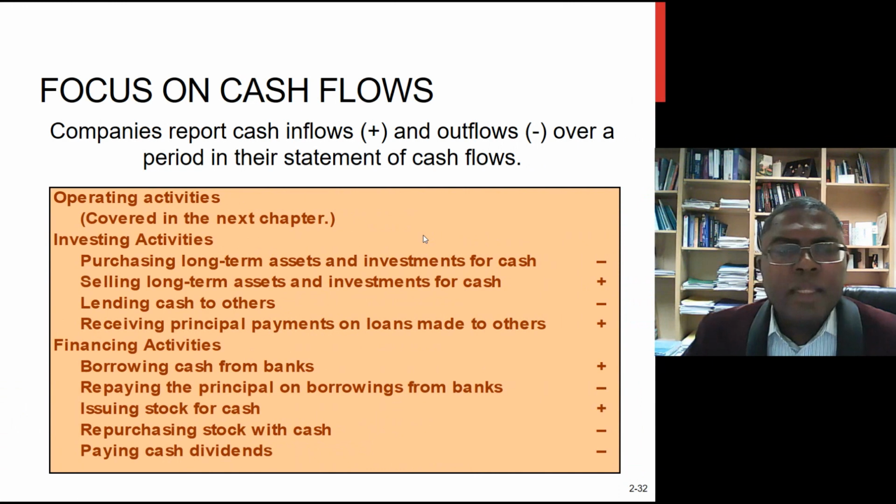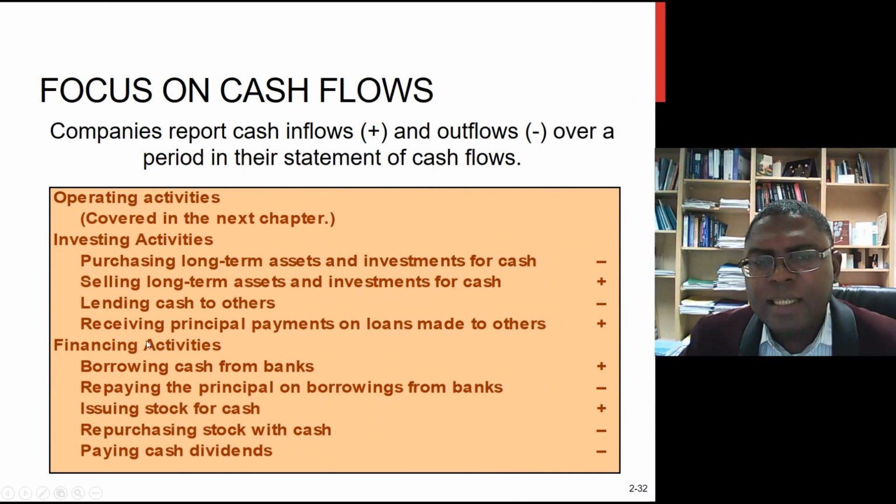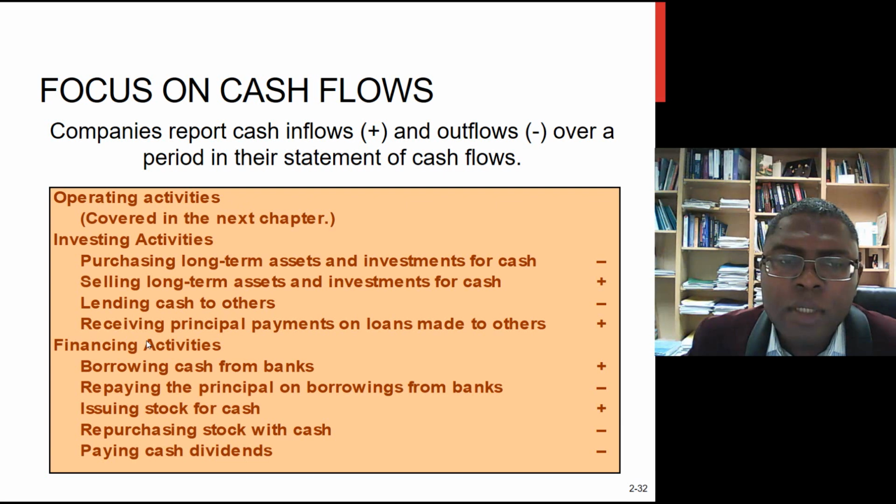All right, so in this chapter, we have focused on investing and financing activity, and we have seen how that is going to affect the numbers that come on the financial statement. In future chapters, we'll focus on operating activity, but as a kind of summary, if we think about investing activity, we can see different investing activity: the buying of long-term asset and investment of cash.